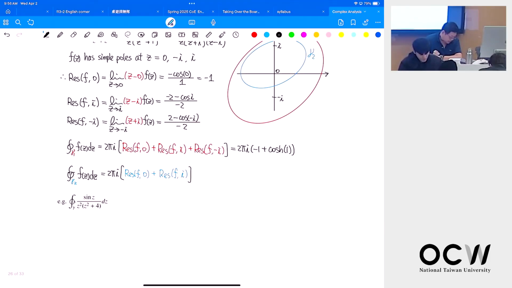just try to find the residue. First you need to determine how many poles we have. 3 poles at where? 0, 2i, minus 2i. And what kind of poles do we have? Is it a simple pole, double pole, a pole of order 3, 4, 5?